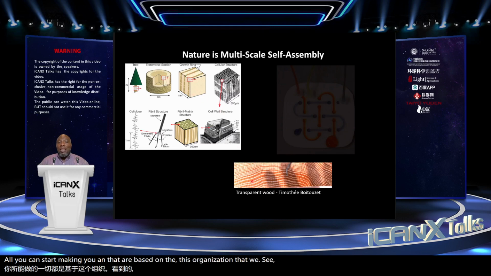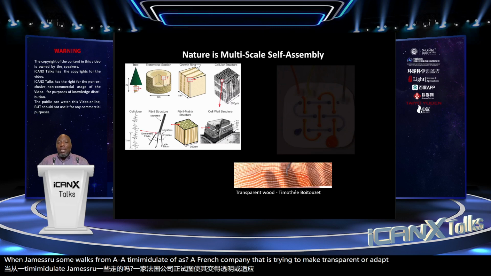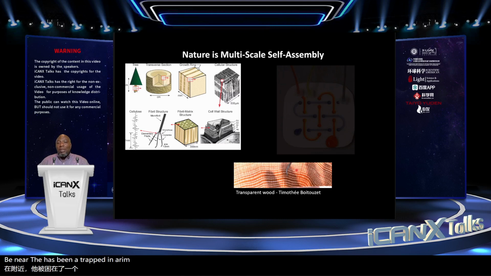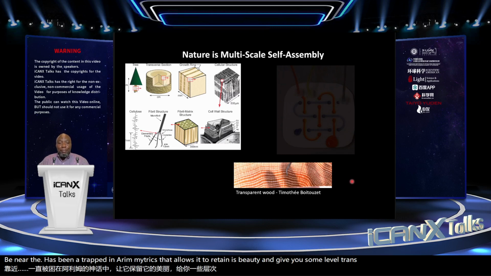Here I'm showing some work from Timothy, who has a French company that is trying to make transparent or adaptable wood. Here you're looking at oak veneer that has been trapped in a polymeric matrix that allows it to retain its beauty and gives you some level of transparency.